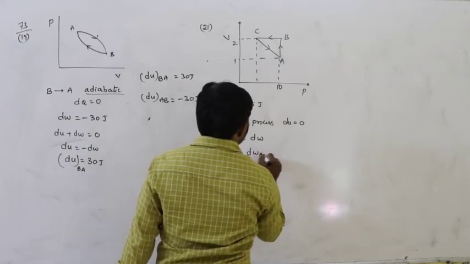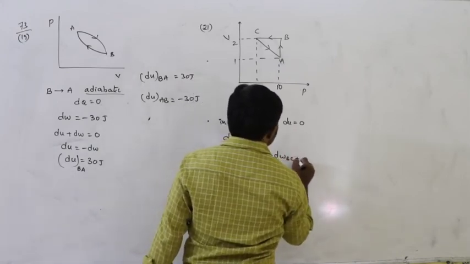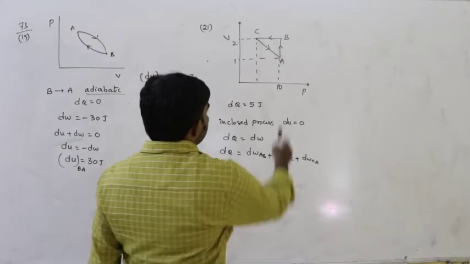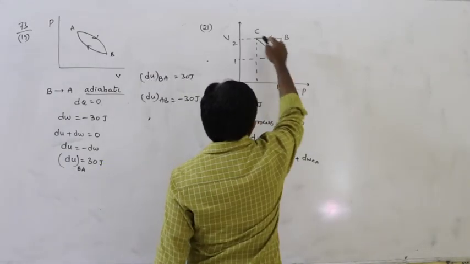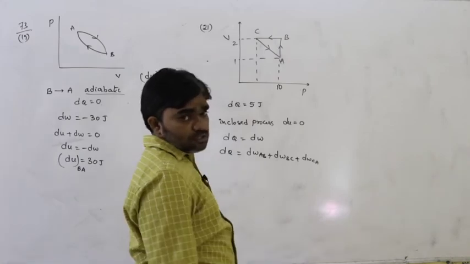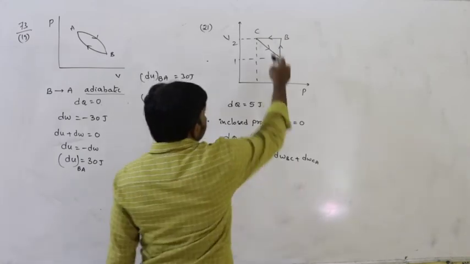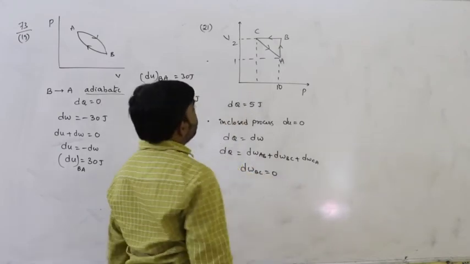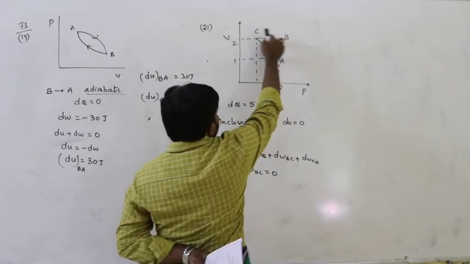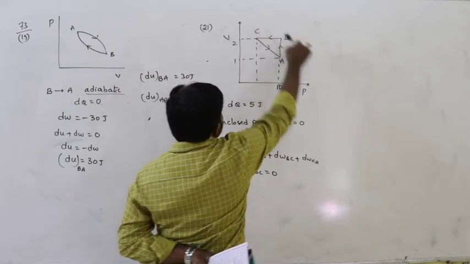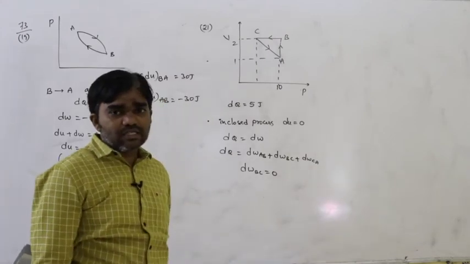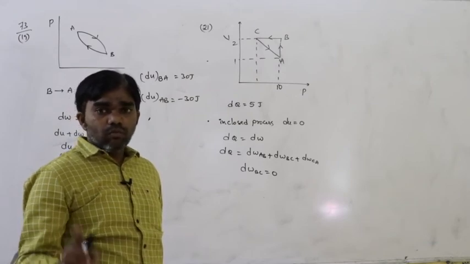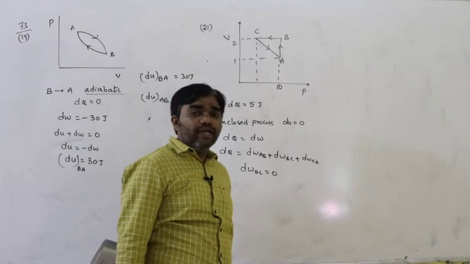Work done from A to B plus work done from B to C plus work done from C to A. But work done from B to C is equal to 0, dW of BC is 0. Why? Because the volume remains constant, and dW is equal to PdV.